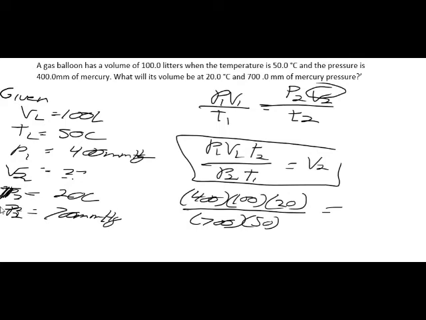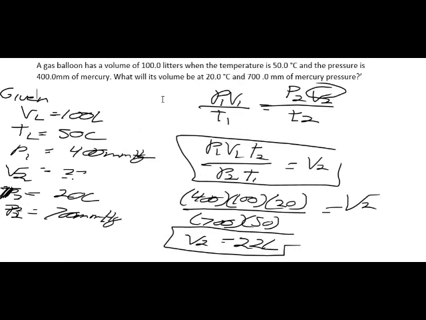So the final answer would be V2 is 22 liters. That would be the final answer. Okay, let's try another one.